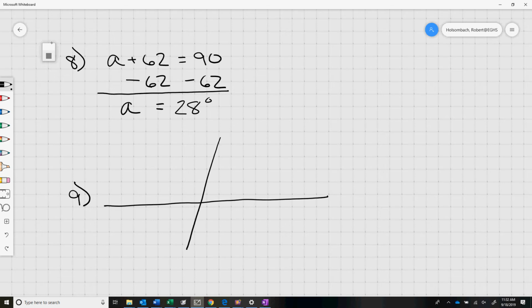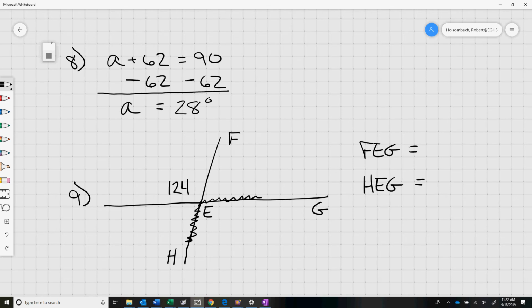If the measure of DEF, which is right here, equals 124, then what are the measures of FEG and HEG? So here's FEG and HEG, and this is H down here. So you need FEG and you need HEG. Alright, HEG is a vertical angle to the 124, so this is 124 as well.